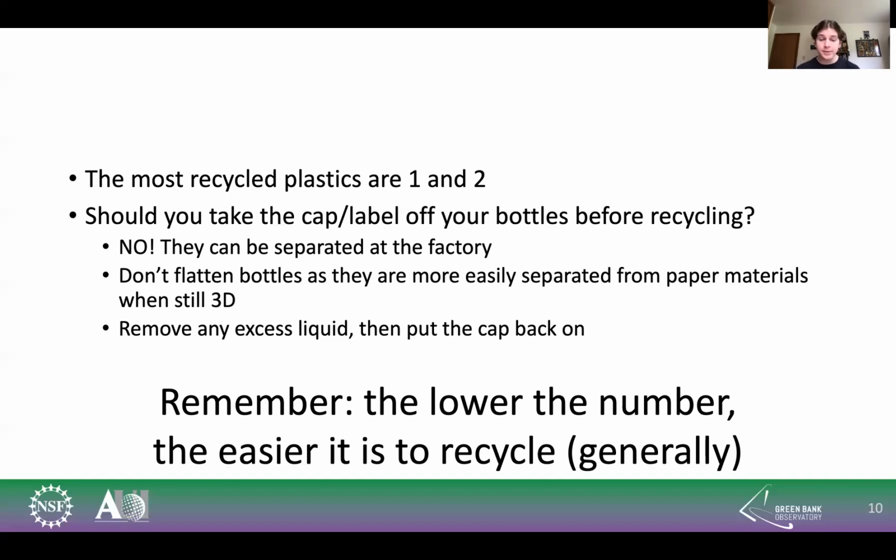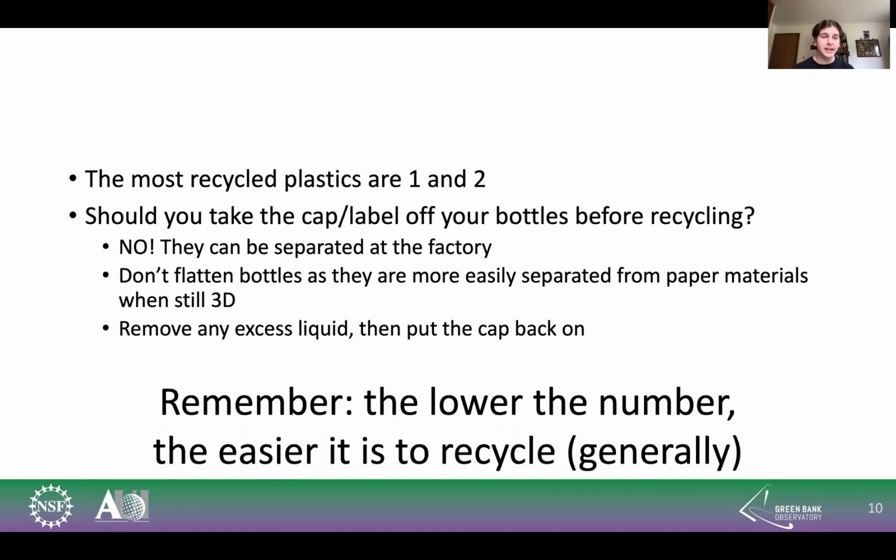And by removing those bottle caps, not only are you either throwing them out, thus recycling less plastic, or if you also put them in the recycling bins, you run the risk that they are going to simply fall through the cracks, literally, as they're so small. So keeping them on ensures that they will be recycled.